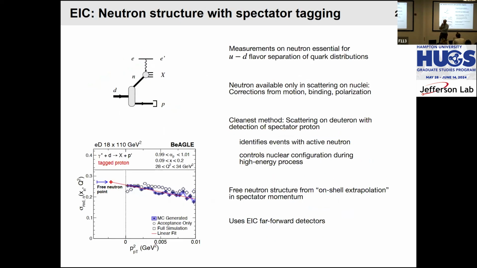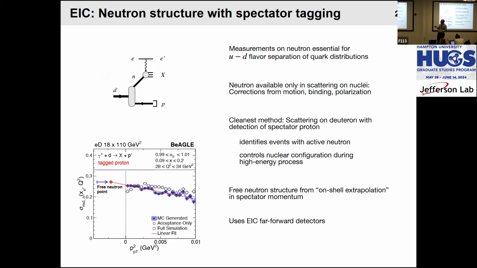The last example I want to discuss here is about the neutron. So far, all the measurements we have shown here were on the proton in electron-proton scattering. We also want to measure the other nucleon, the neutron.